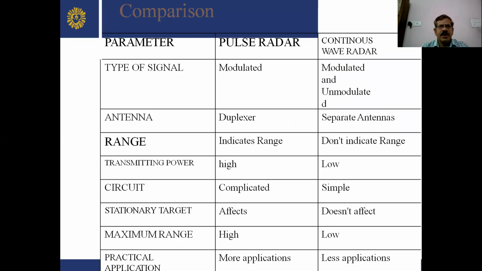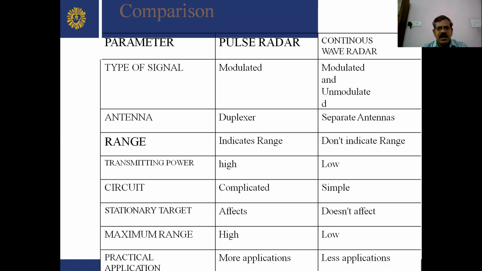There are different comparisons between different radar systems. Parameters: type of signals, in pulse radar that is modulated, and in continuous wave radar that is modulated and unmodulated.